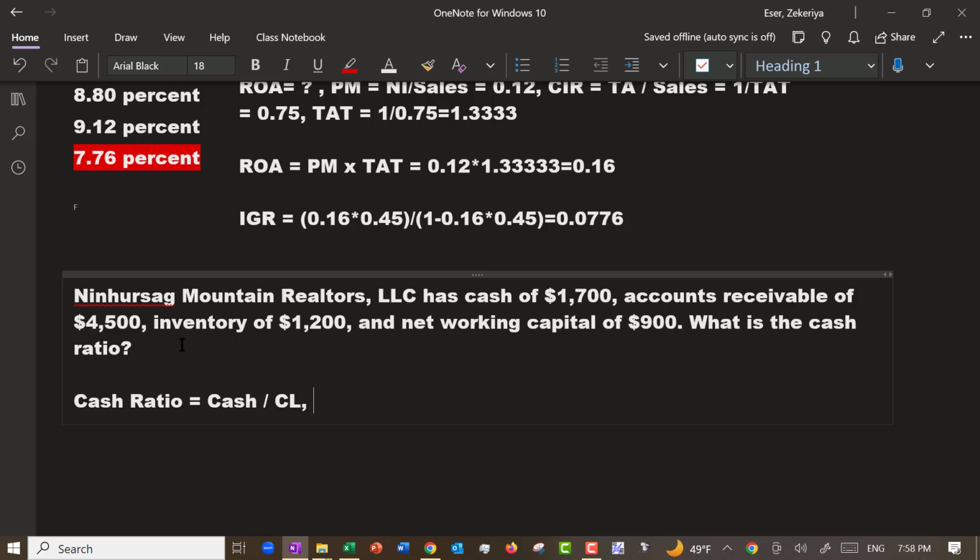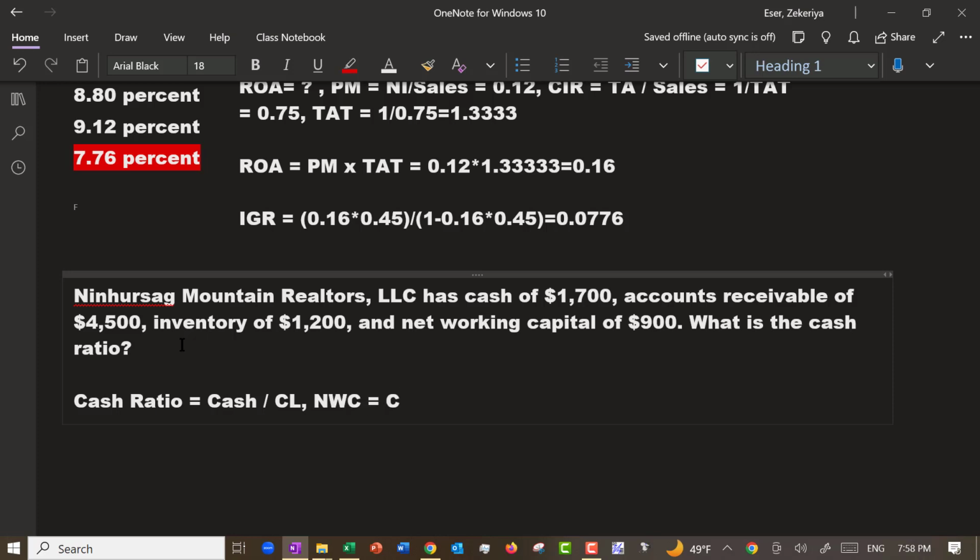What piece of information over here has current liabilities in its definition? Obviously, it's not cash, it's not accounts receivable, it's not inventory, it's net working capital, okay?